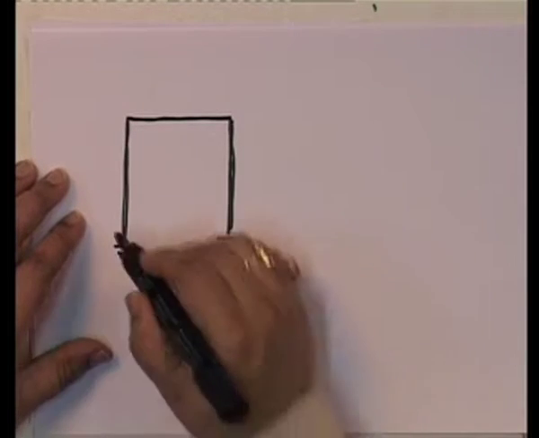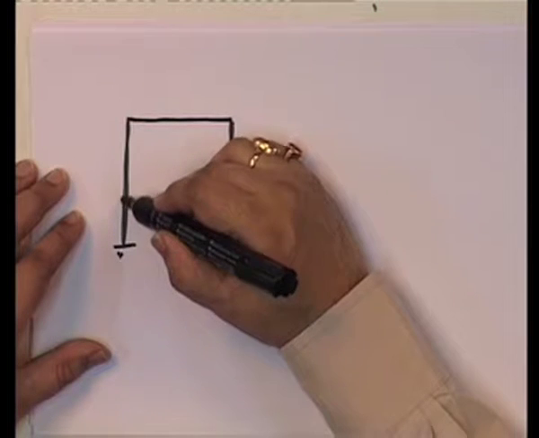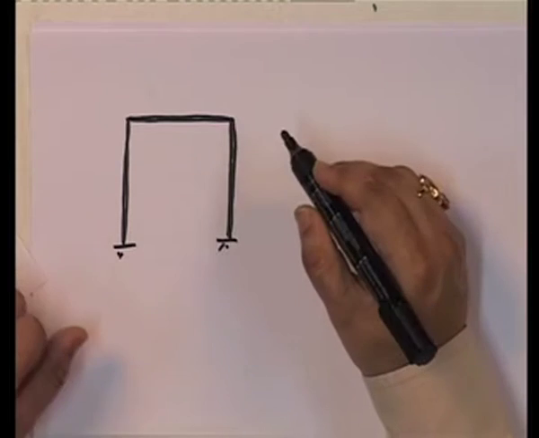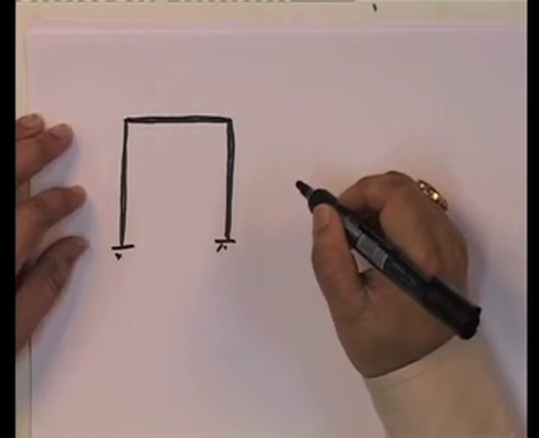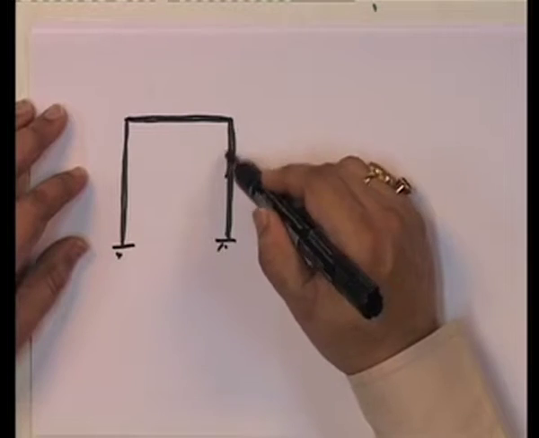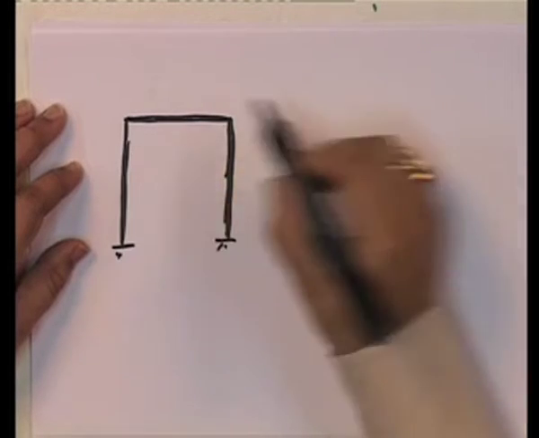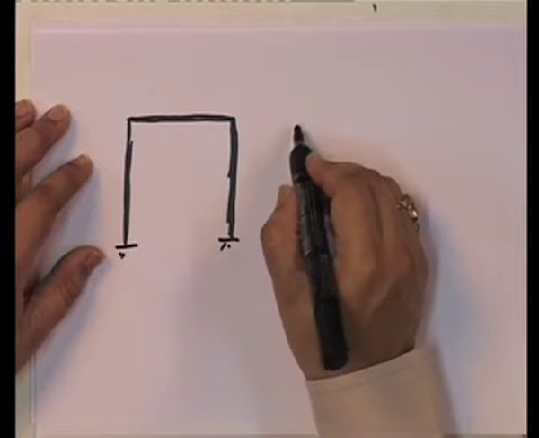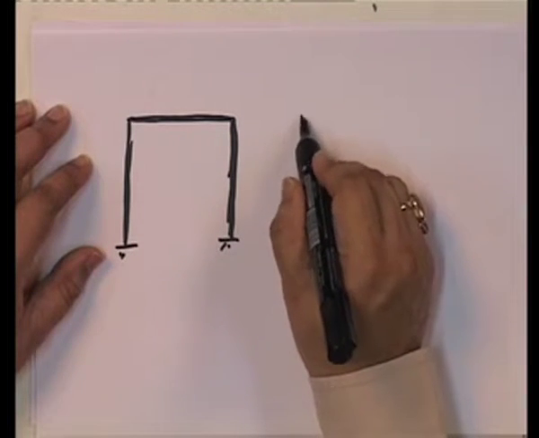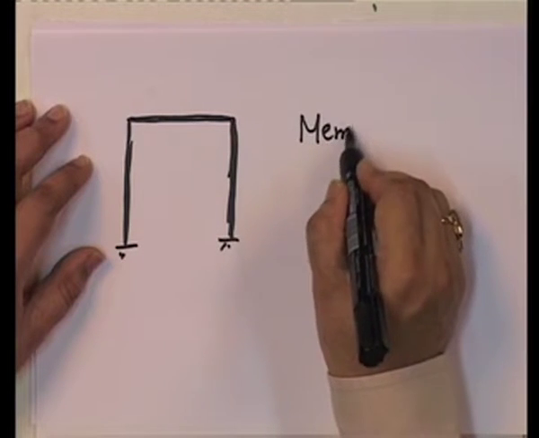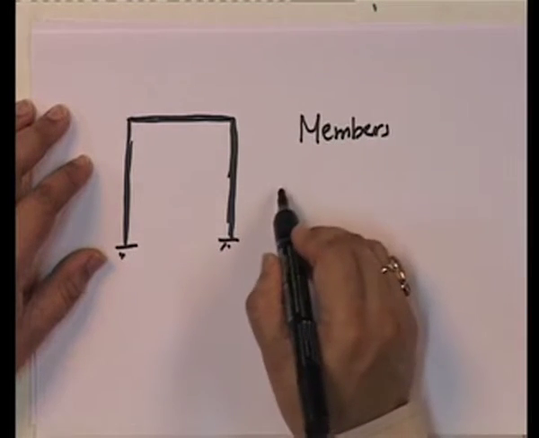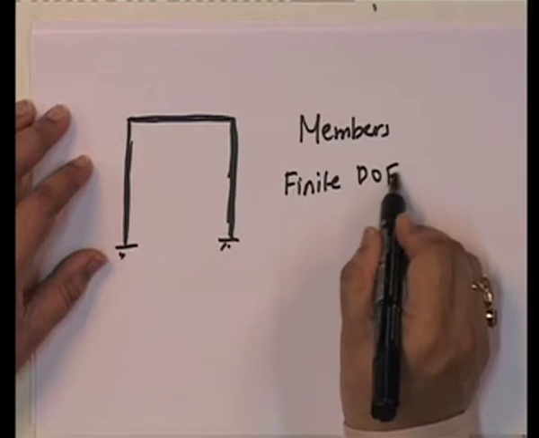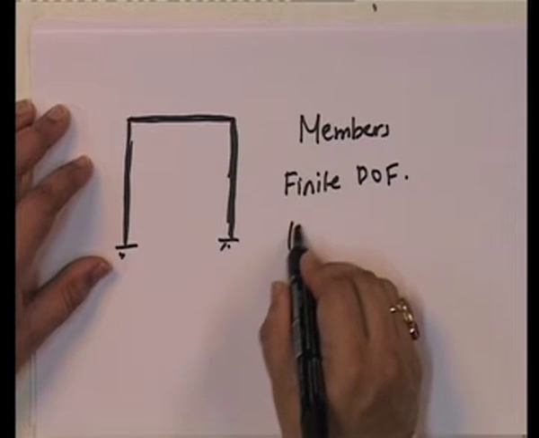But actually, this is a continuous member, so it has infinite degrees of freedom. What did we do? We created members, and from that we got finite degrees of freedom.